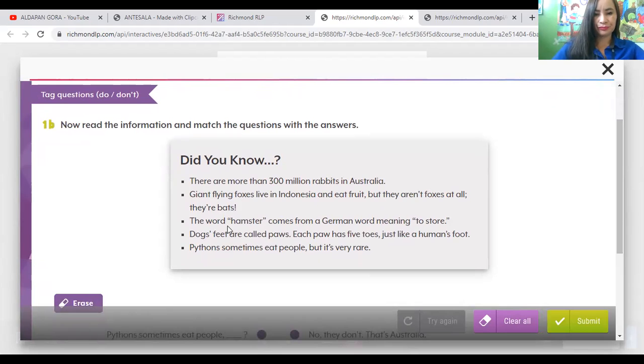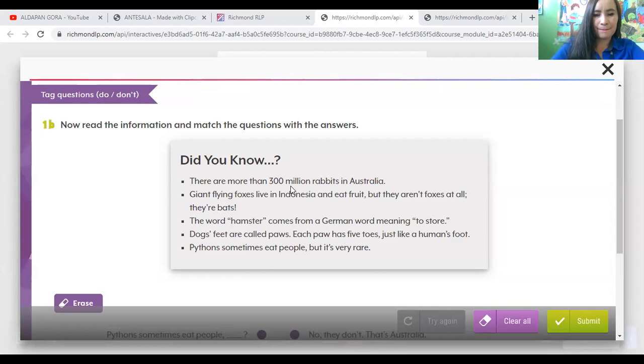Volunteer? There are more than 300. How do you read this number in English? 300, continue. 300 million rabbits. Continue. Read the text.